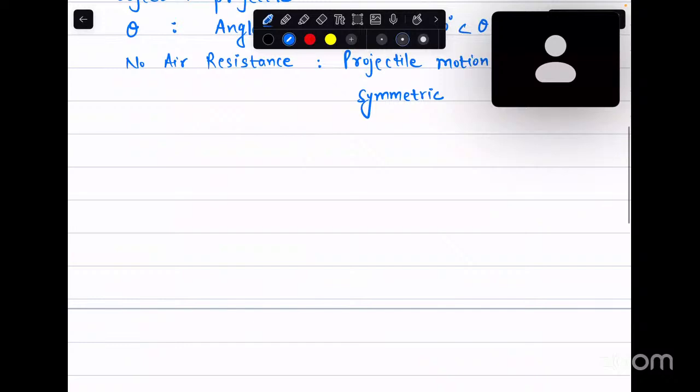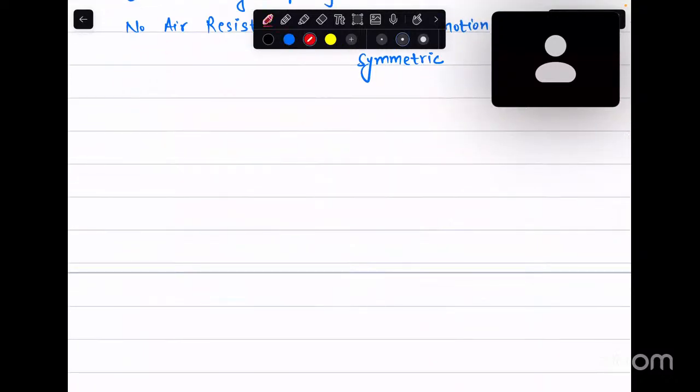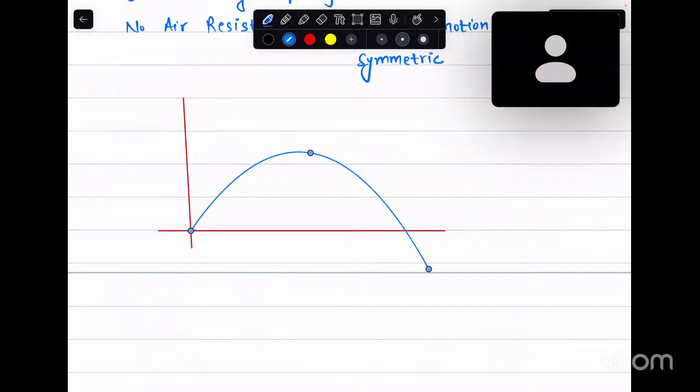Let me draw it again. Let's say here we have velocity u at a certain angle theta.